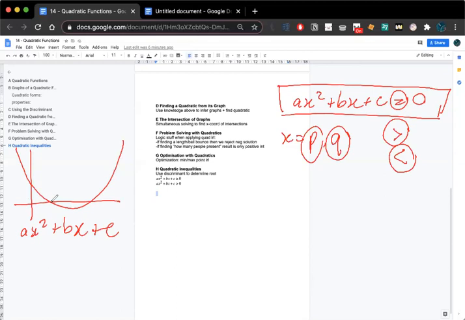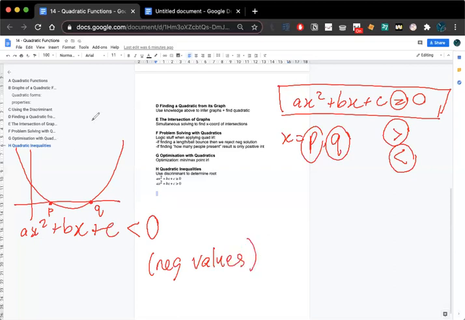This would be point P, and this would be point Q. So whatever it's asking, in the case of the function ax squared plus bx plus c, if it should be less than 0, then what it's essentially asking for is the negative values.